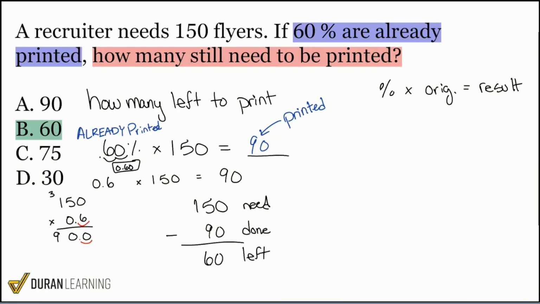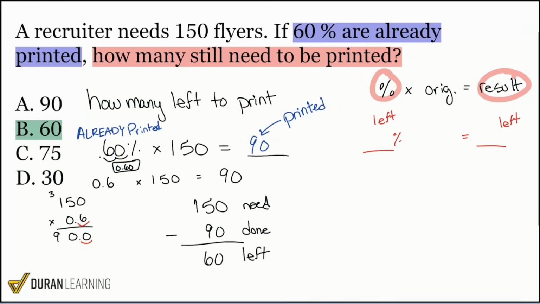And the percent and the result represent the same. So if I want the result to represent how many are left, we need to plug in the percent that is left.